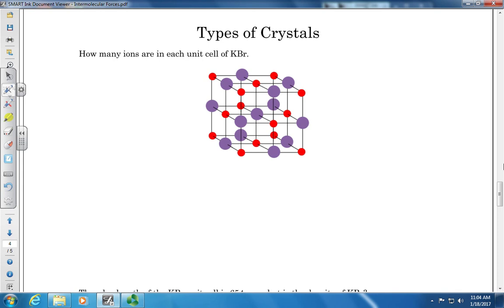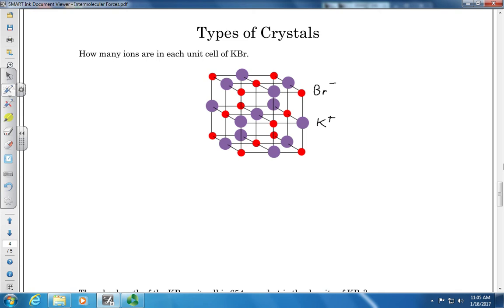We're going to say that the purple is potassium, so this is our K plus, and red is our bromide ion. Okay? So you can actually just count these up, but it's not going to give you the correct answer.